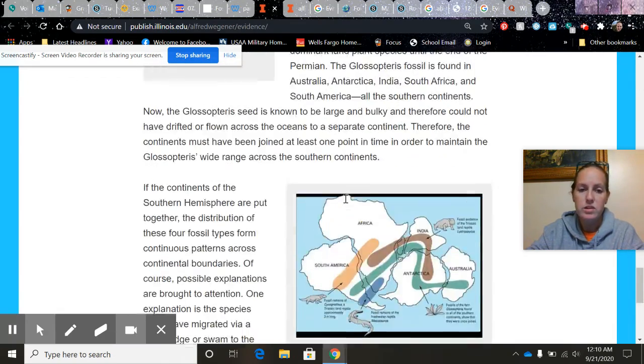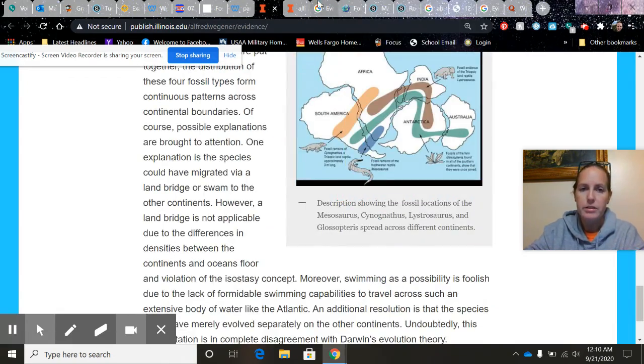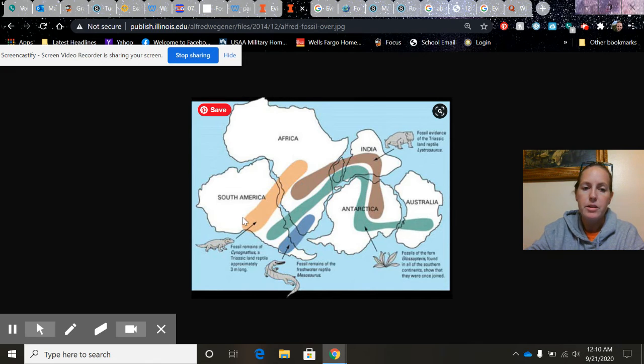We also see a lot of similarities in fossil records. You can see here across South America and Africa, the same type of Triassic reptile all the way across the two of them. It wouldn't make sense for South America to hook anywhere else because it wouldn't have the same fossil patterns.